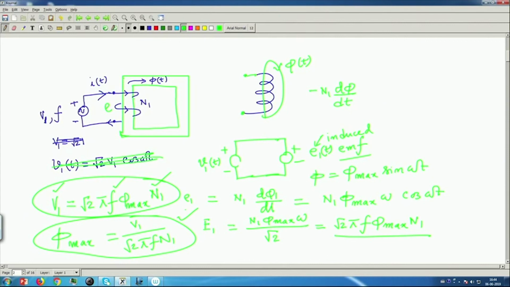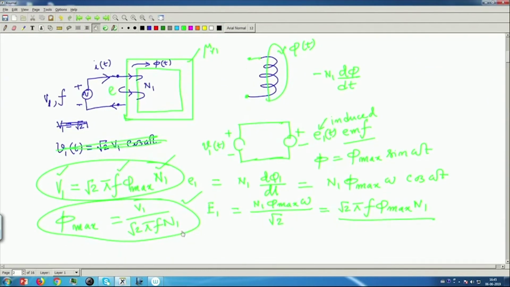If this core material has a permeability of mu r 1, and you replace this core material with another magnetic material having relative permeability mu r 2, then also phi max is V 1 by this one.